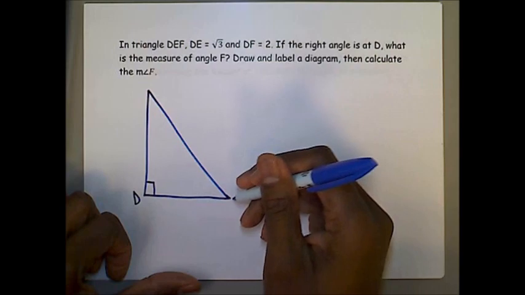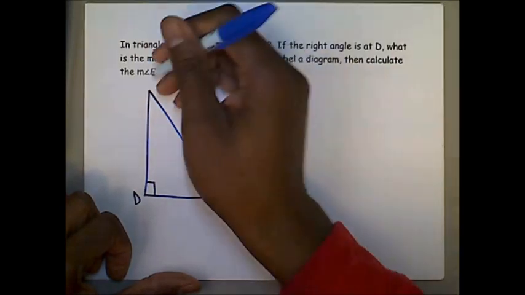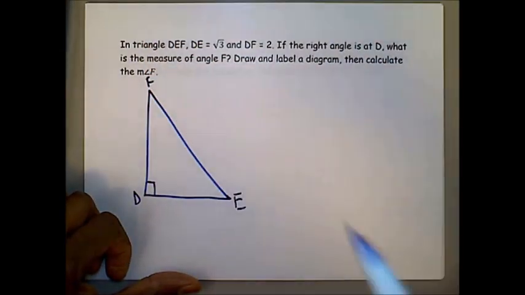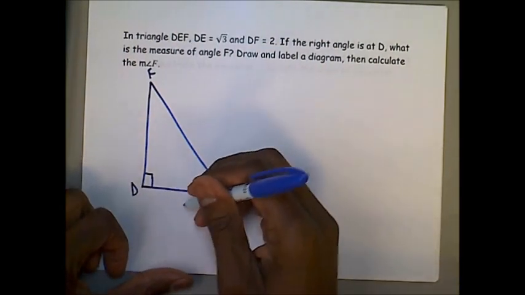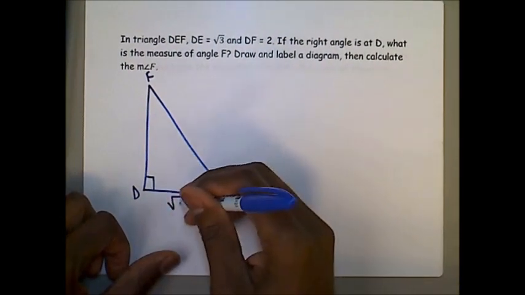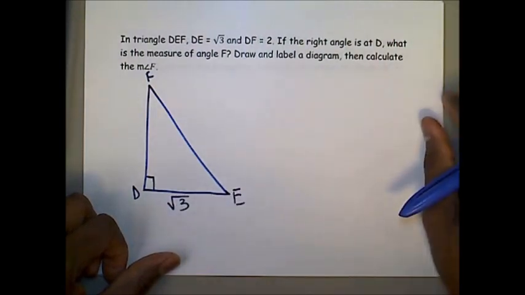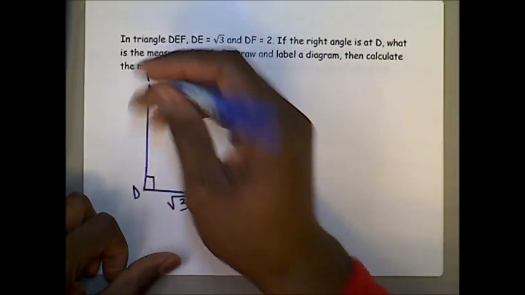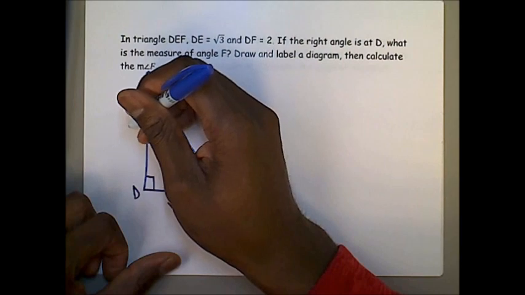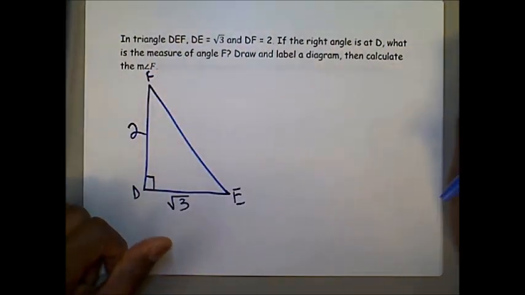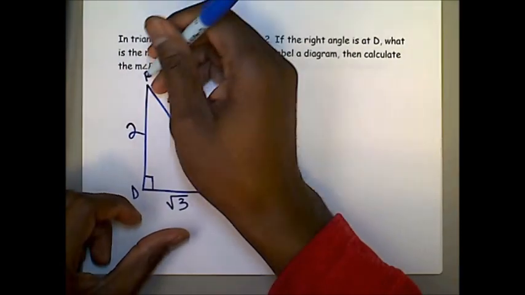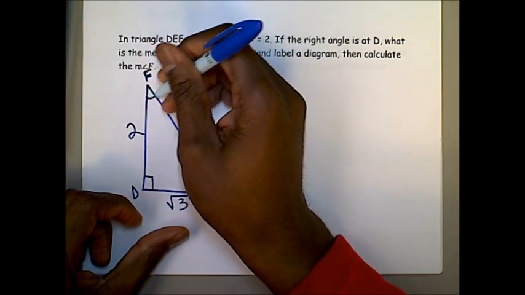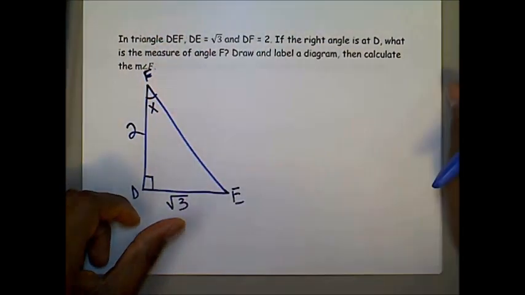Then I'll make this E and this F. And it says DE, this side right here, is equal to the square root of 3. And DF, this side right here, is equal to 2. If the right angle is at D, what is the measure of angle F? All right, so we are looking for this angle.